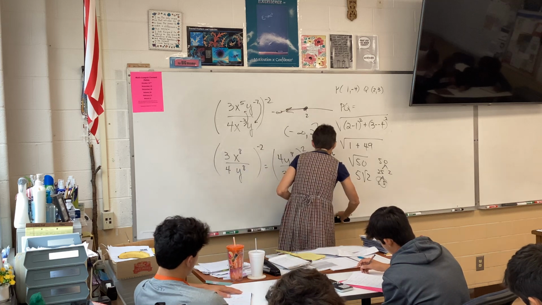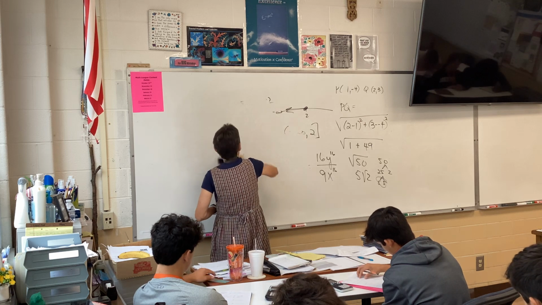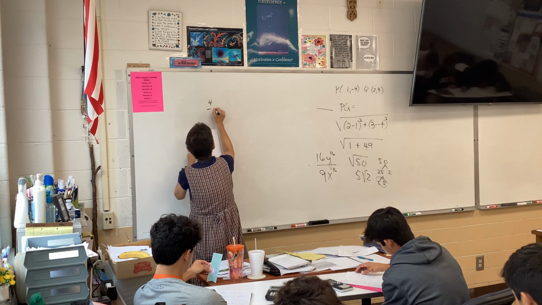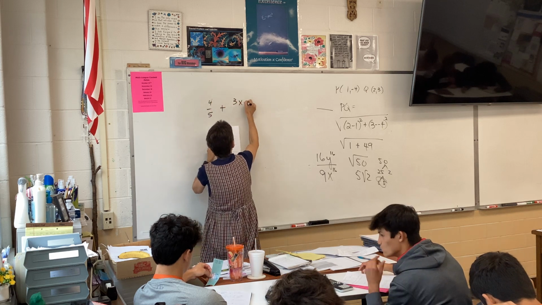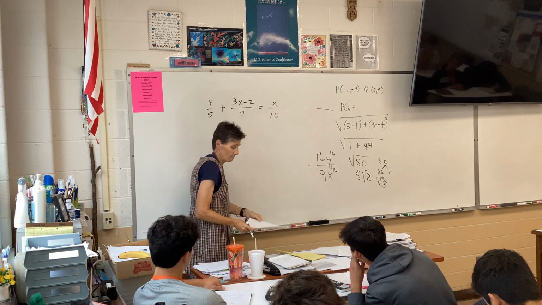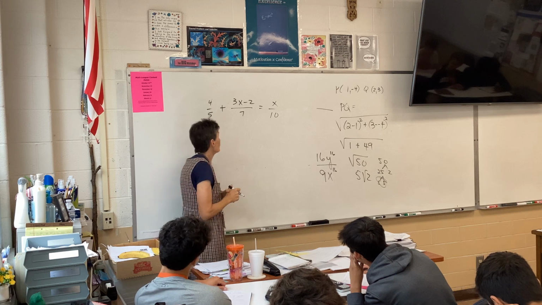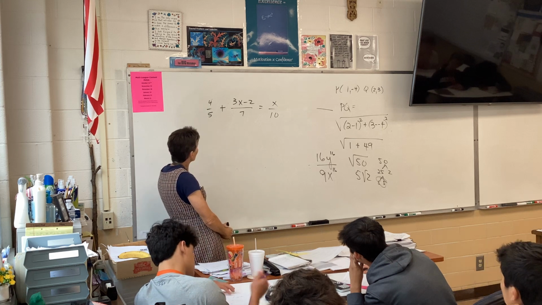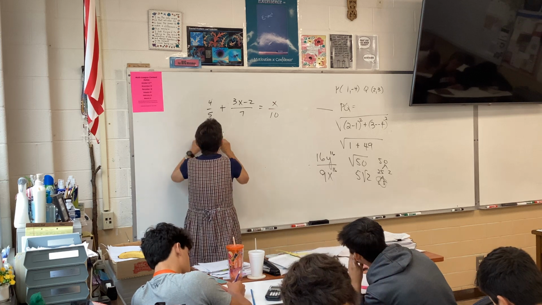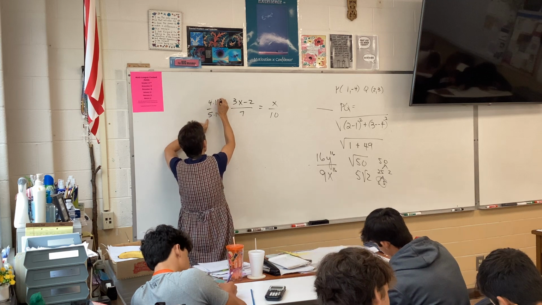All right, solve this equation. What do you think? Common denominator? And what would the common denominator be? 70? So this one's going to have to be times by 14.